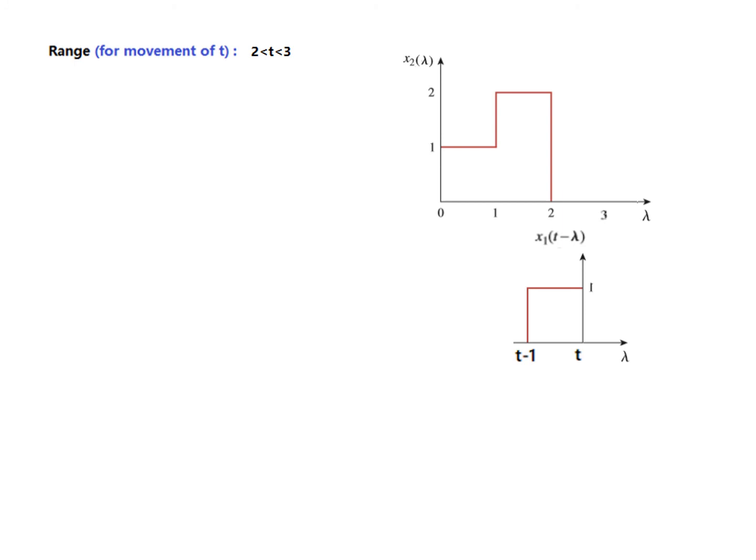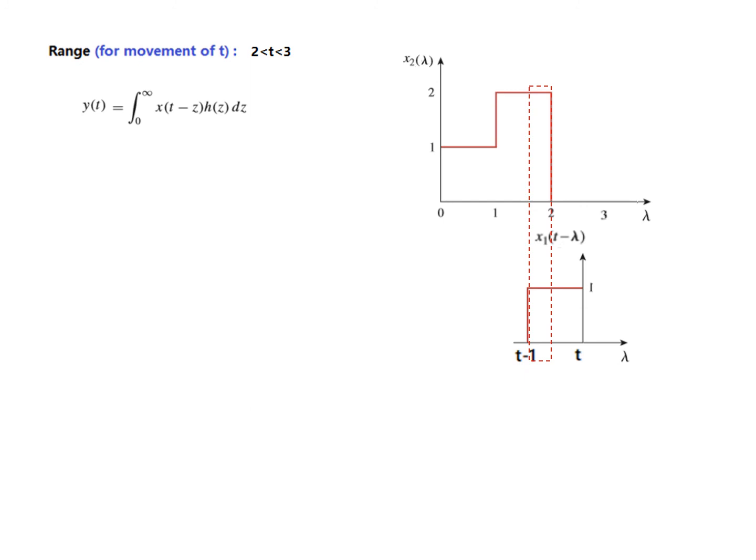Now we push it further beyond 2. So our range now will be t between 2 and 3, same formula. Now this is the portion of overlap. So what is the limit? You can see starting from t minus 1 and ending at 2.